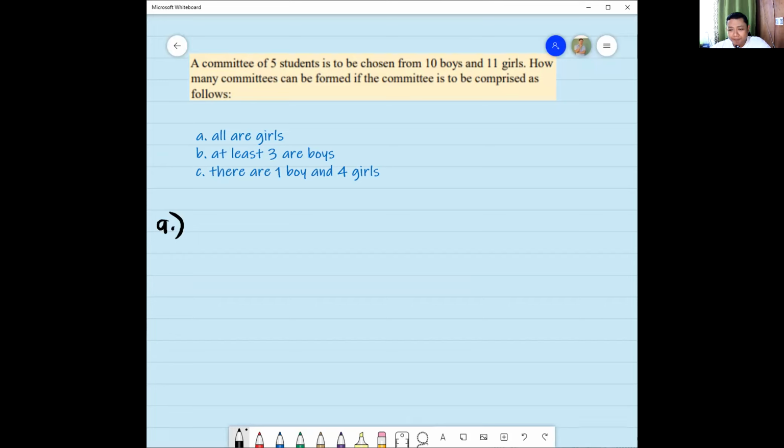Yes or no? Of course not. So N is equal to 11, the new total for the girls, and R will be 5 because you're choosing 5 students. What are your C and R now? Type your answer in the chat box.